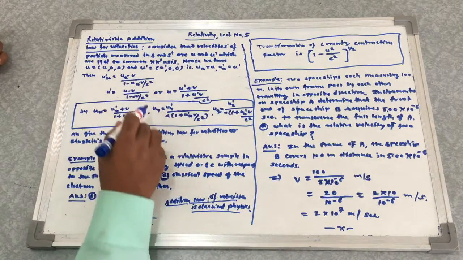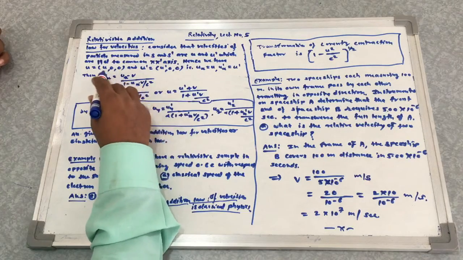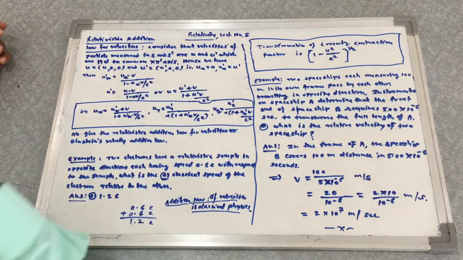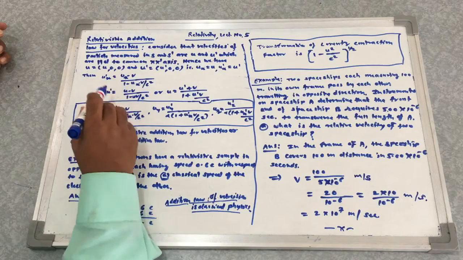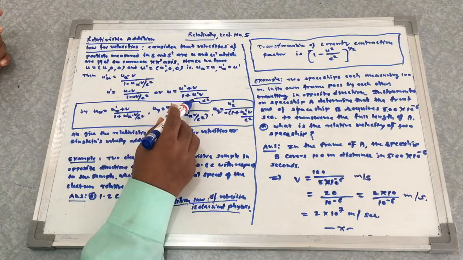So this is the way we have U dash and U suffix x. The value of U dash is equal to this, U is equal to this.